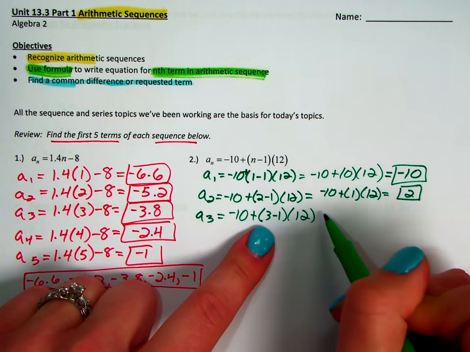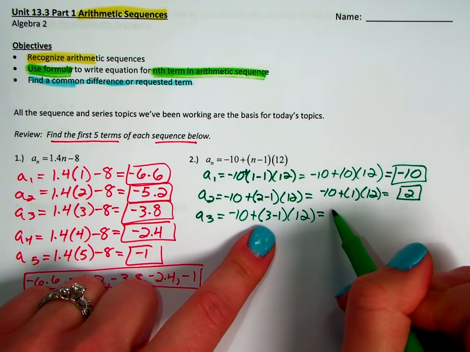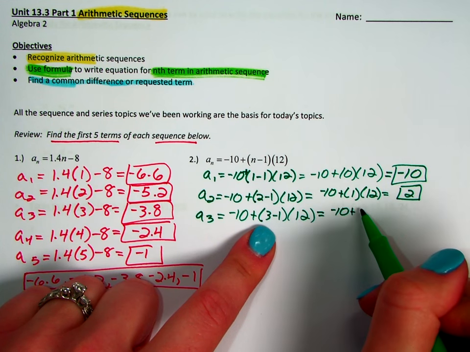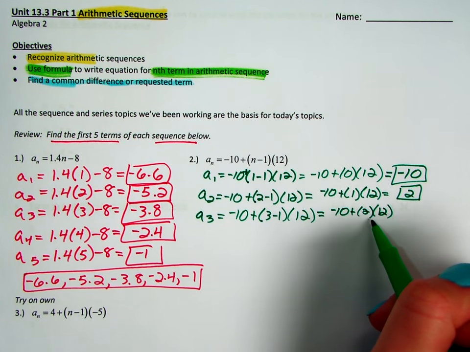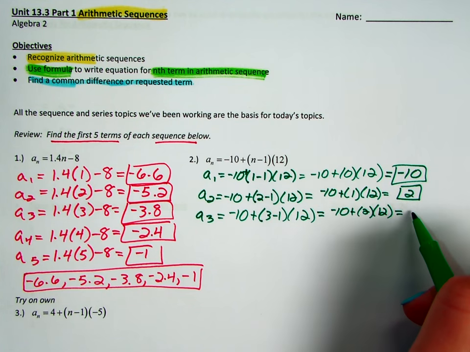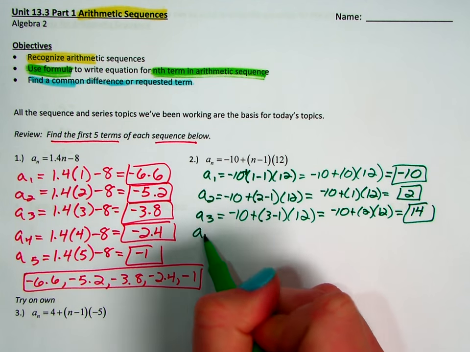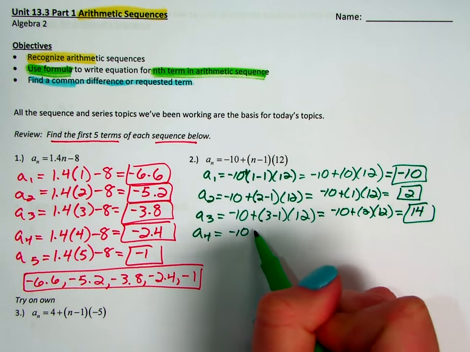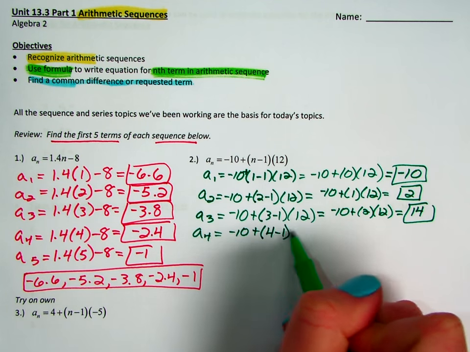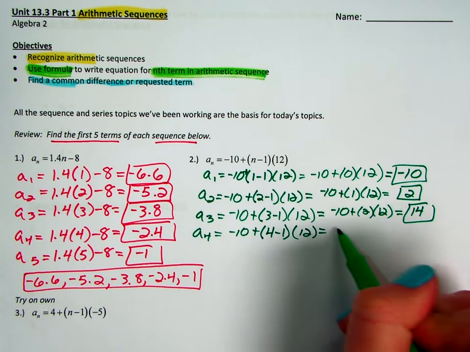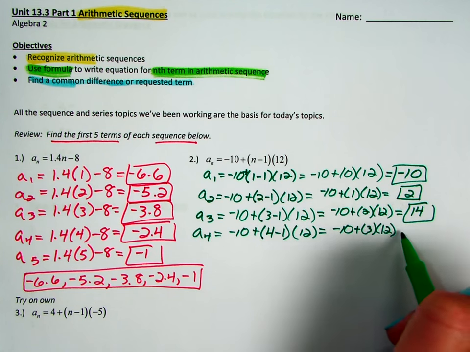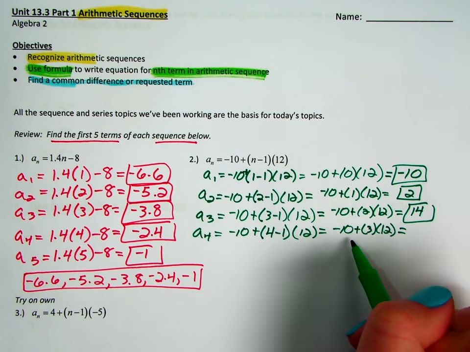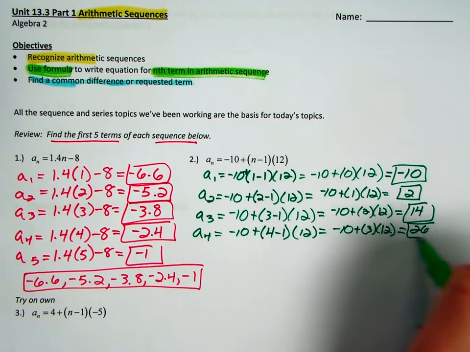Again, we do what's in parentheses first. 3 minus 1 is 2, so it would be negative 10 plus 2 times 12. 2 times 12 is 24, and 24 minus 10 would be 14 as our third term. For our fourth term, negative 10 plus 4 minus 1 times 12 would be negative 10 plus 3 times 12. 3 times 12 is 36, minus 10 would be 26 for our fourth term.